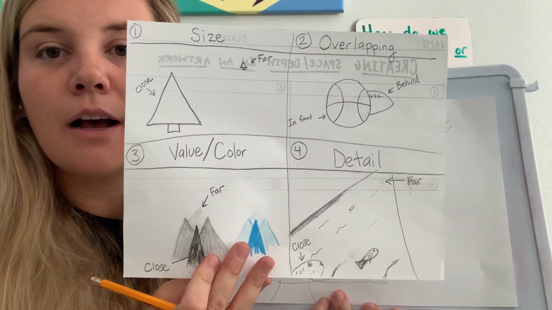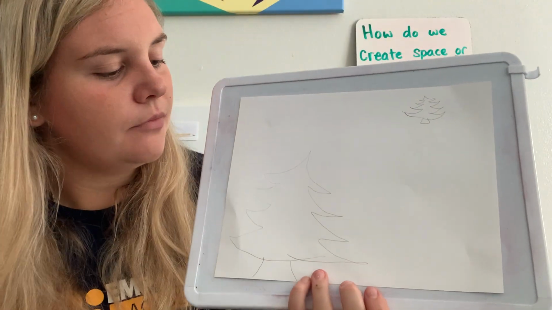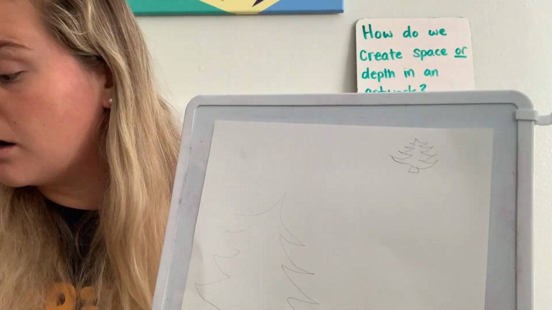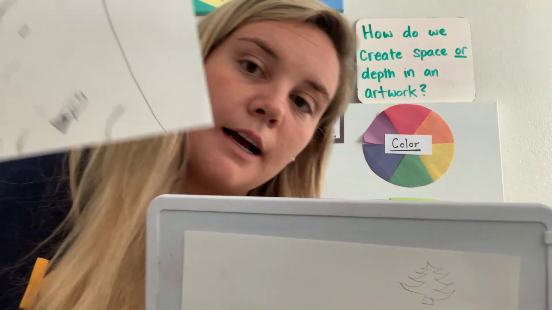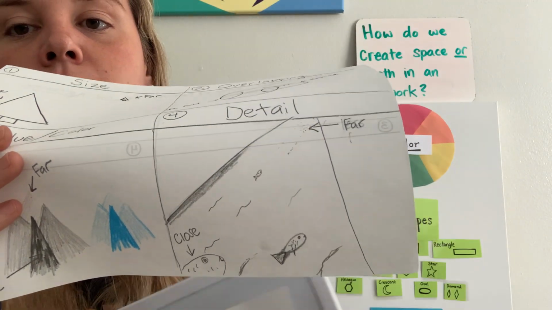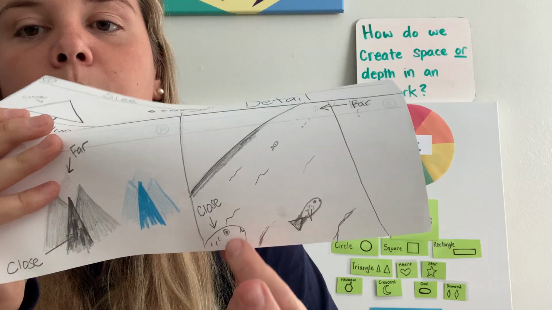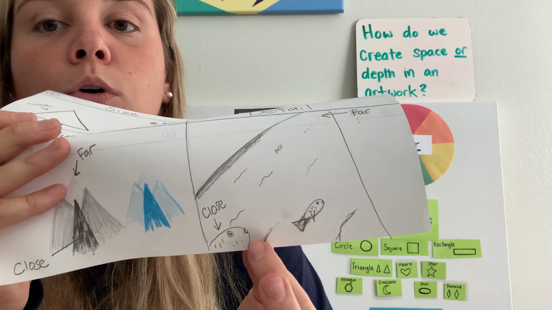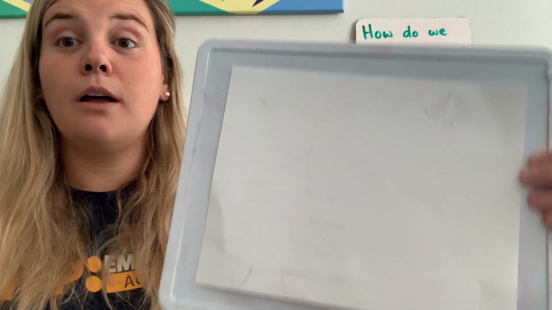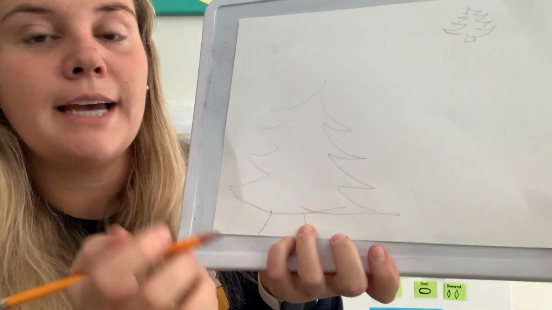I want to practice another one of my techniques, drawing a tree. So I'm going to try detail. I know that the object in the front, based on our drawing we did, has what? More or less detail? So this fish that's super close to us, he has more or less detail than this fish? He has more detail. So on my tree in the front, I'm going to add more detail.